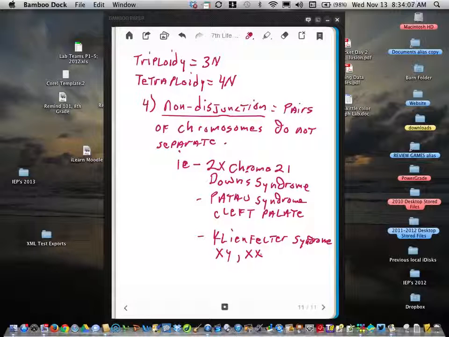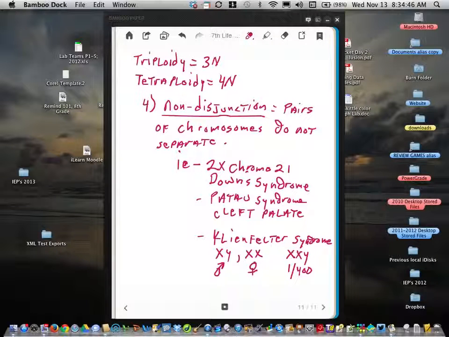And we'll get into this in chapter 6 in greater detail. Instead of this, so this is female, and this is a normal male. That's a normal male and a normal female. Klinefelter syndrome is one in which the person has two X's and a Y. And about 1 in 400 births is this kind of a genetic situation where the chromosomes actually don't separate.